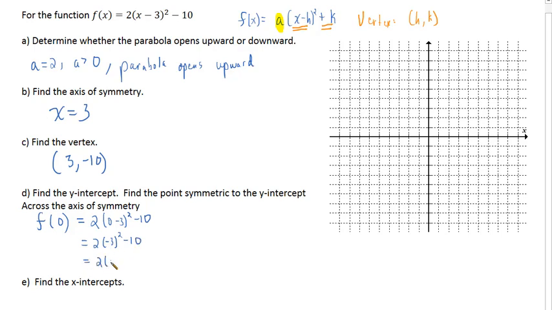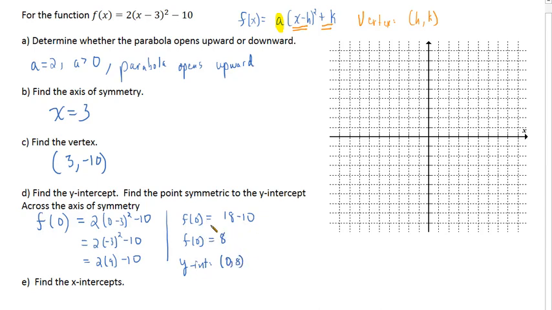So that's 2 times 9 minus 10. So then that's 18 minus 10. And so f of 0 is 8. So then the y-intercept is 0, 8.